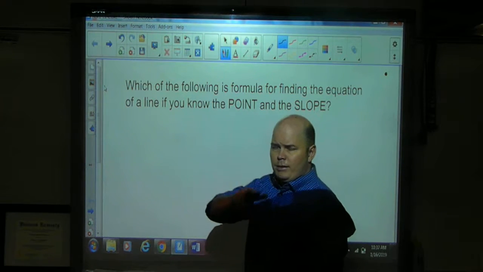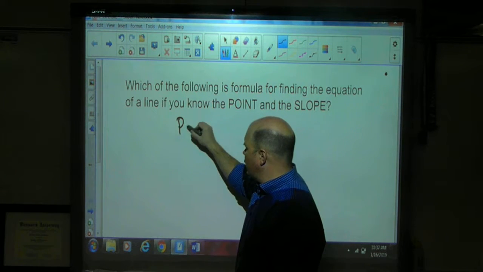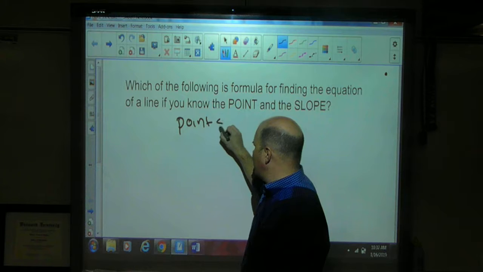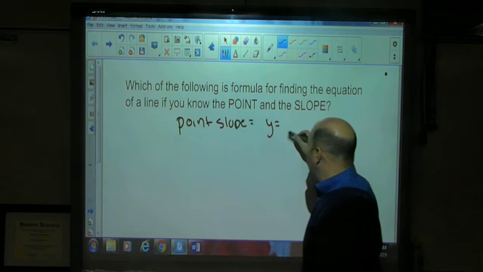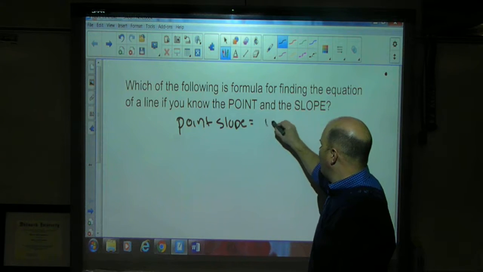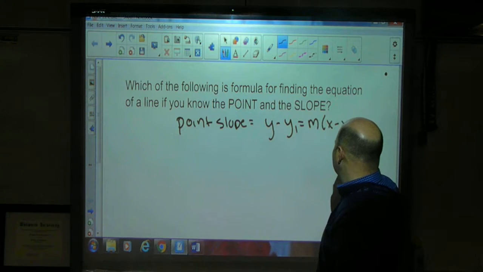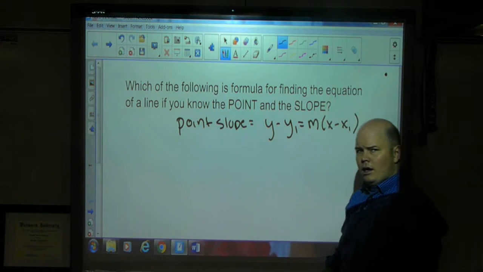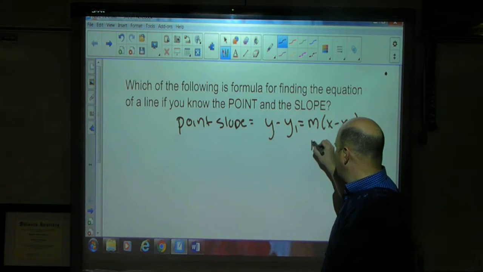And again, we're dealing with basically two equations the entire test. The first equation is called point-slope, which we've gone over in class a bunch of times. And it is y minus y1 equals my slope times x minus x1. Okay? And again, when we break down the exact pieces of it, your slope is here.